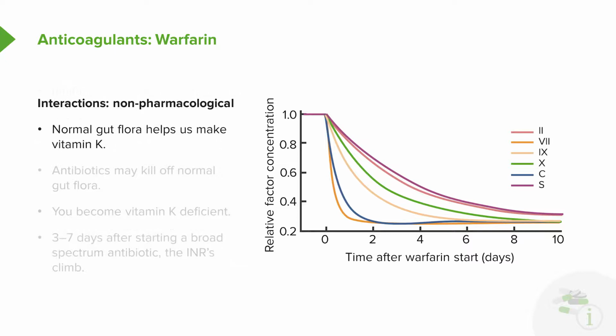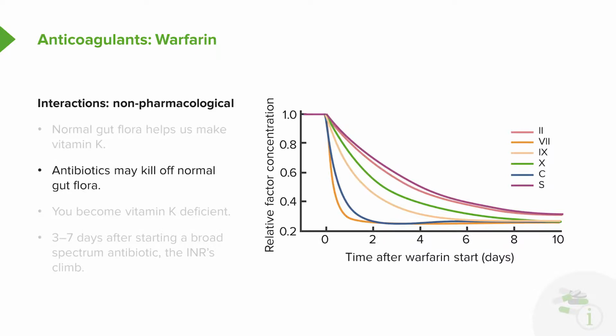Now, there's going to be a number of interactions with warfarin. There are non-pharmacological interactions and there are pharmacological interactions. Let's talk first about non-pharmacological interactions. Normally, vitamin K is produced in part by gut flora, or normal bacteria in the gut.